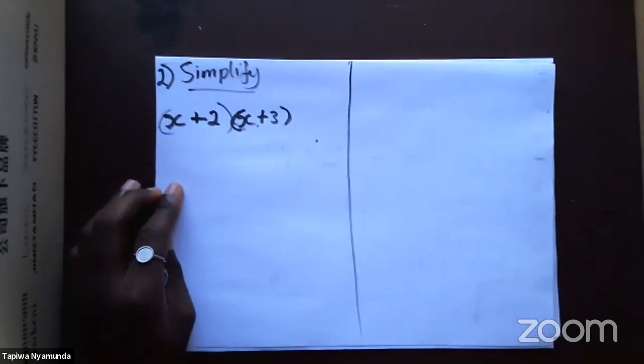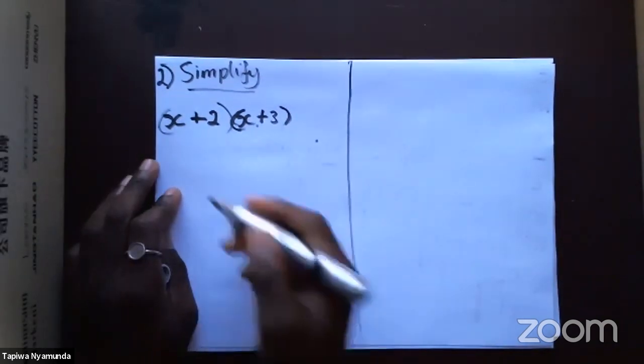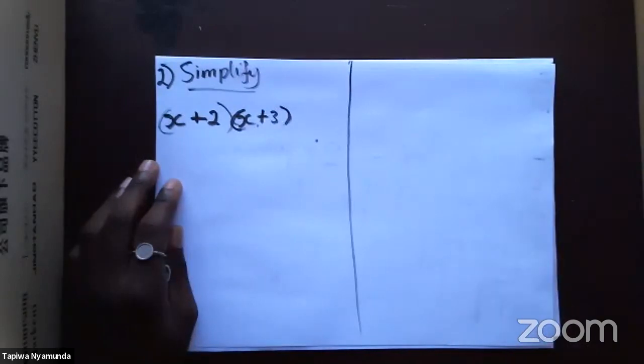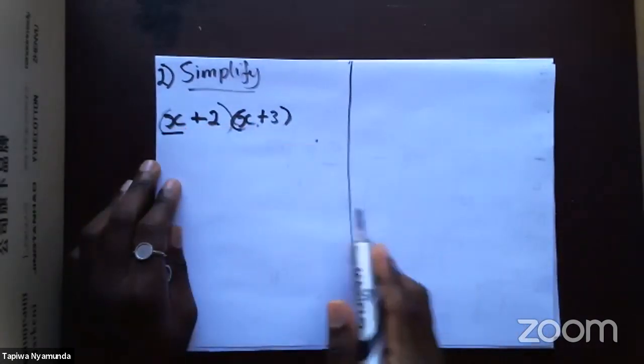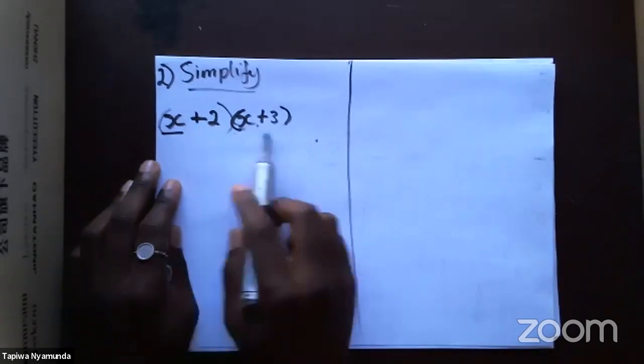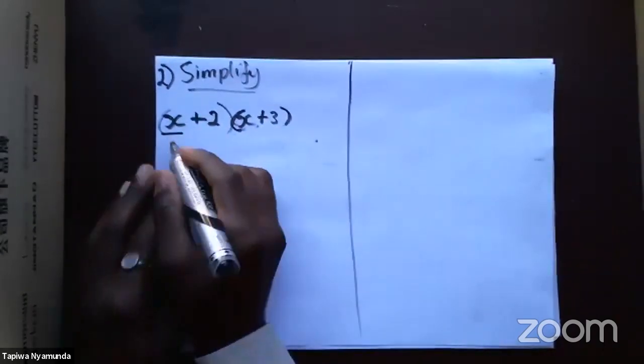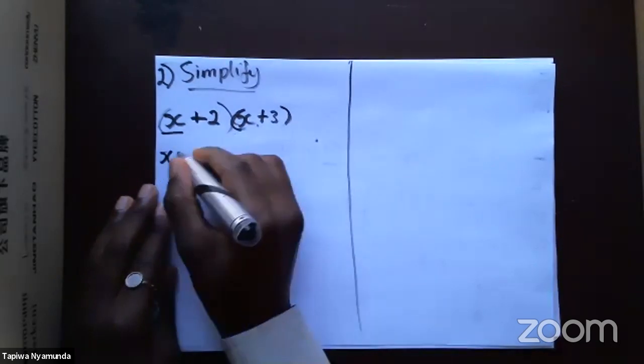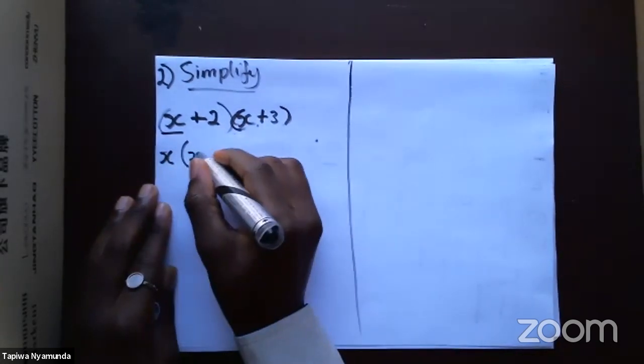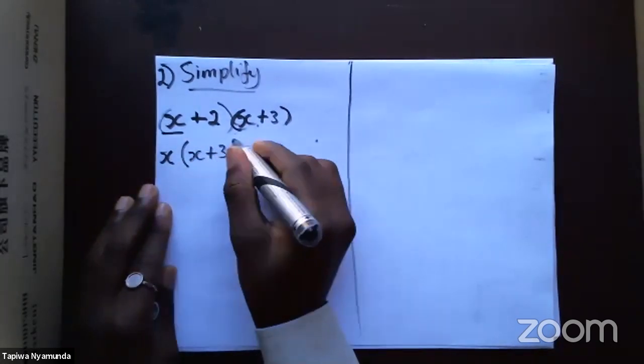Okay, let's look at this question, guys. It is asking you to simplify this question. Okay, so when we are faced with a situation like this, this is how you do it. This value is going to multiply the whole thing. Like this, we are going to have x multiplying x plus 3.